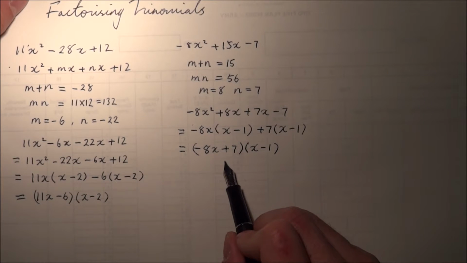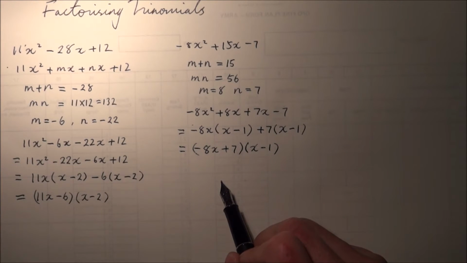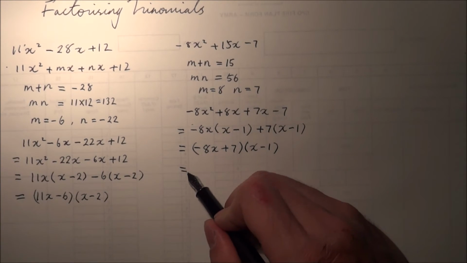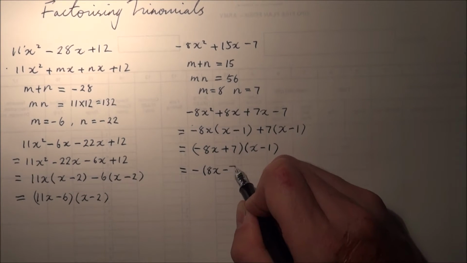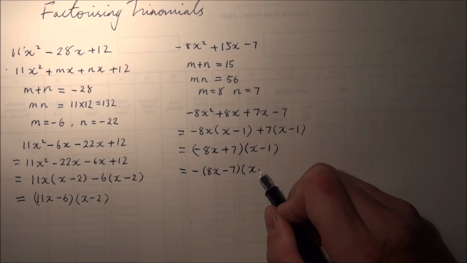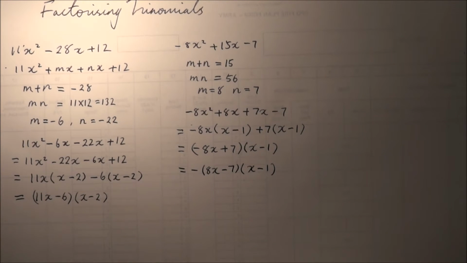And if you insist on only having positive terms inside the parentheses, then we can just pull the negative 1 outside of here.